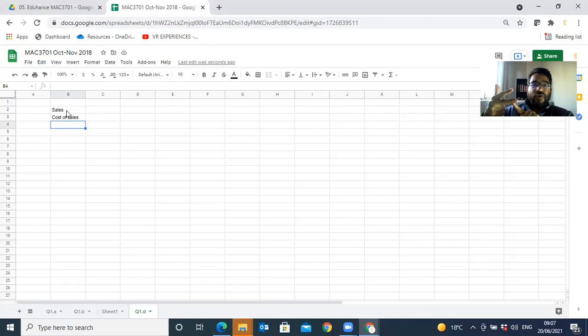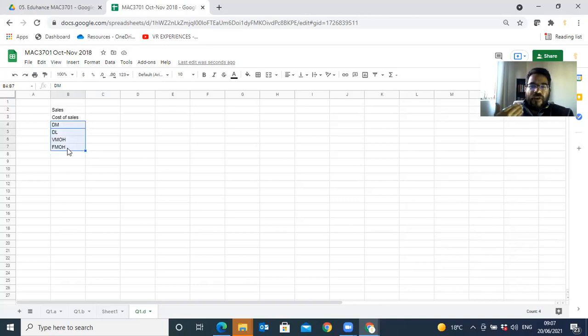Because we are using the absorption costing system, we're going to include both fixed and variable manufacturing overheads. So your cost of sales is made up of direct material, direct labor, variable manufacturing overheads, and fixed manufacturing overheads. What's important to take note of is that you don't exactly want to write it out like this. You might just run it through your mind.